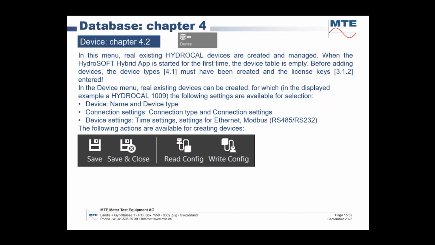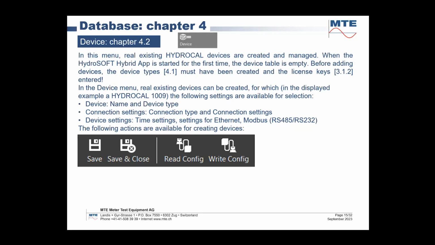Then, after creating a device type, you must create your device, but it's important that you have a license key. A license key is provided for each device, and here you can create your device with the license key. Without the license key, you will not be able to finalize, save and close these settings for a new device.